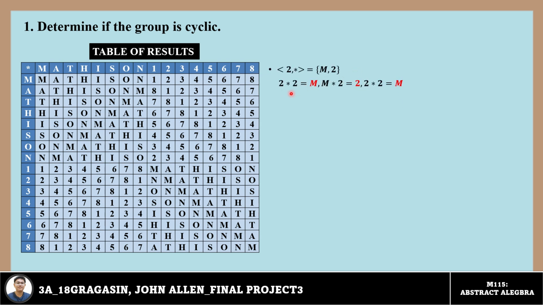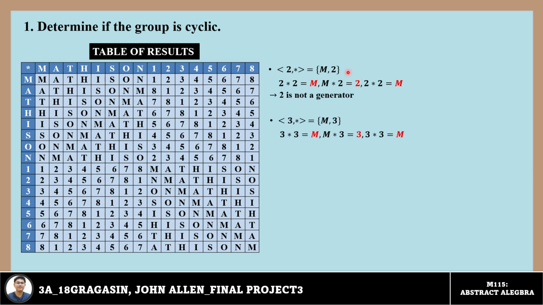Next, for element 2, 2 star 2 is equal to M, and then M star 2 is equal to 2, and then 2 star 2 is equal to M. As you can see here, its resulting elements are M and 2, and it doesn't generate the entire set G. Therefore, the element 2 is not a generator.